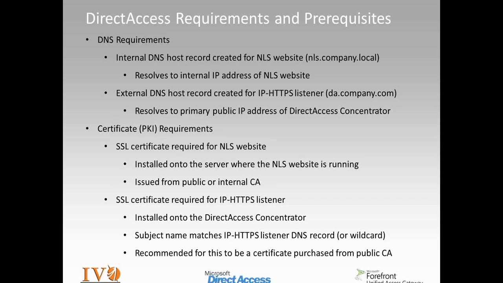If you've got one already, then you're covered. And this certificate I do definitely recommend it being one that you purchase from your regular public CA, any of which can be used, VeriSign, Entrust, GoDaddy, whoever you're familiar with.